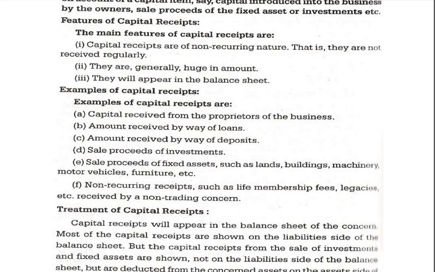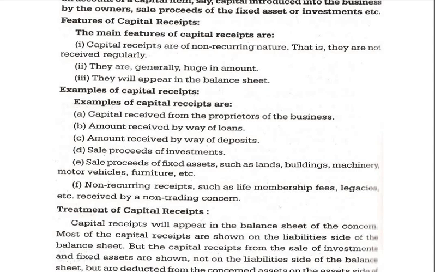Similarly, when you sell the investments, whatever amount you receive is also an example of capital receipt. Sale proceeds of investments. Sale proceeds of any fixed asset like land, building, machinery, motor vehicle, furniture, etc. Then non-recurring receipts like life membership fees. Life membership fee is paid by any member only once in the lifetime, so that is non-recurring in nature.